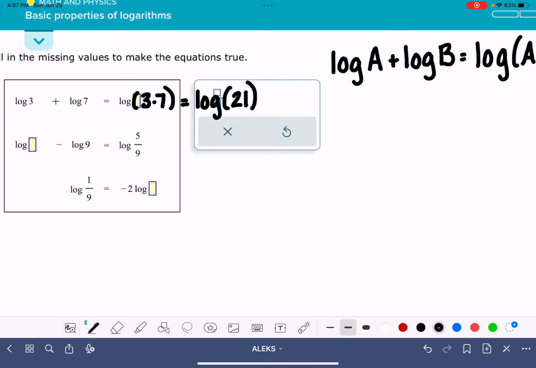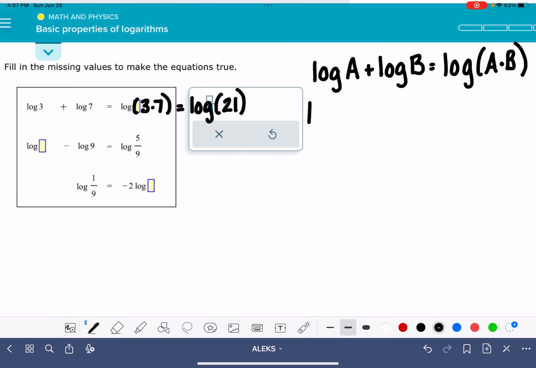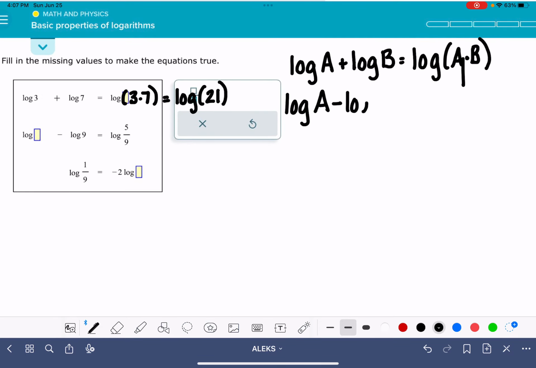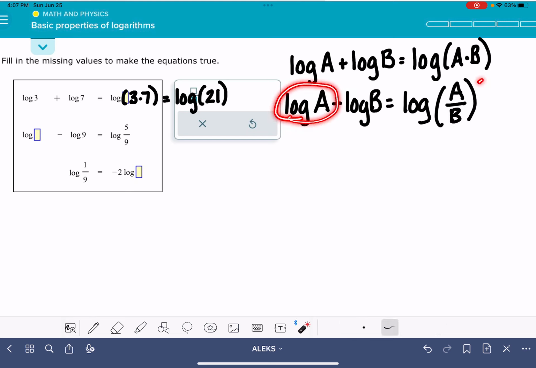For the second problem, the property that we're going to use is if you have the log of A and you subtract from that the log of B, that is equal to the log of A divided by B. And make sure you get these in the right order. So the first number is going to be the numerator in this fraction, and the thing that you're subtracting is going to be the denominator.